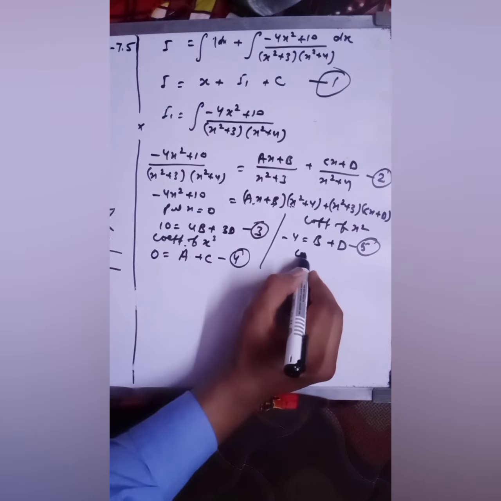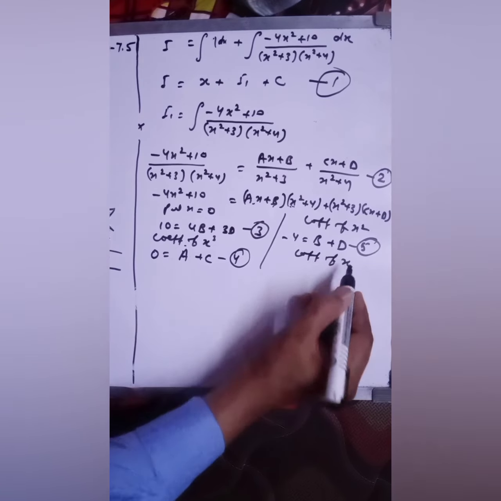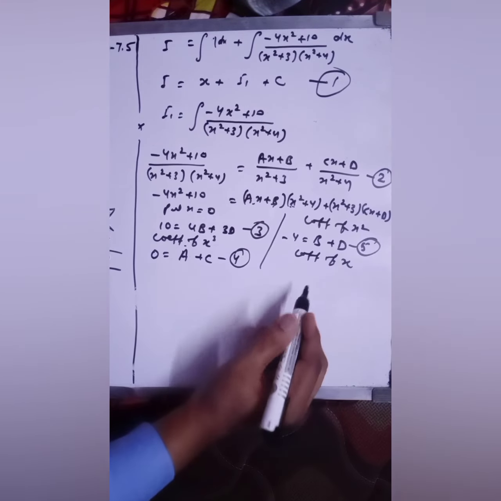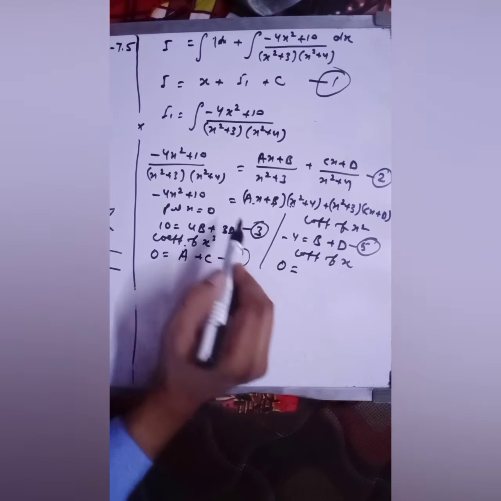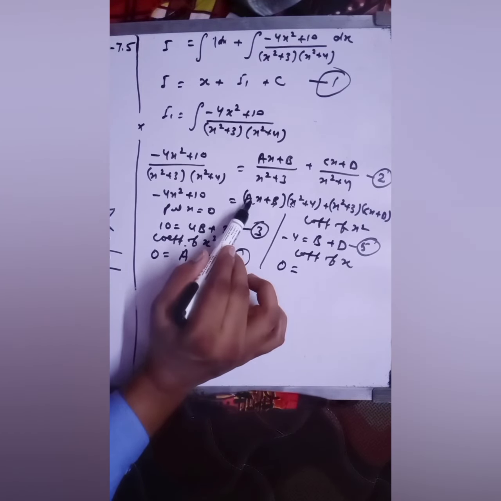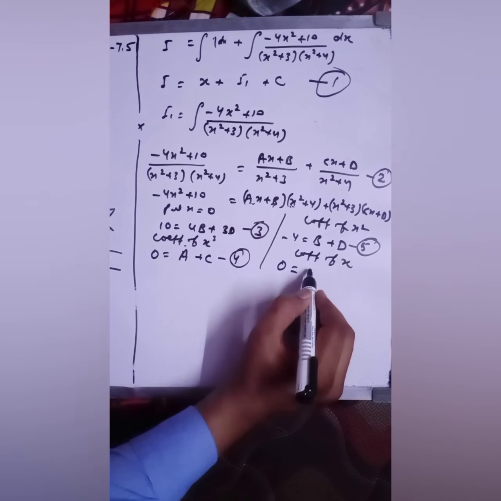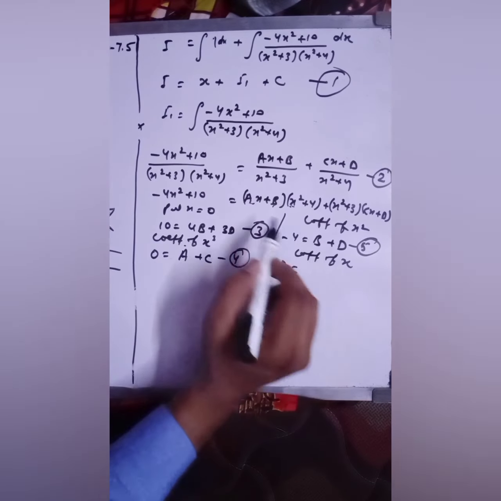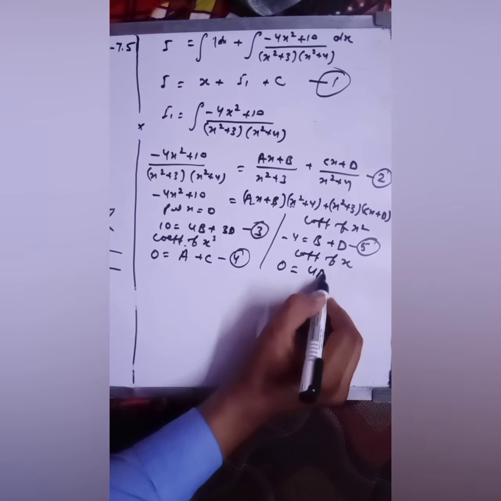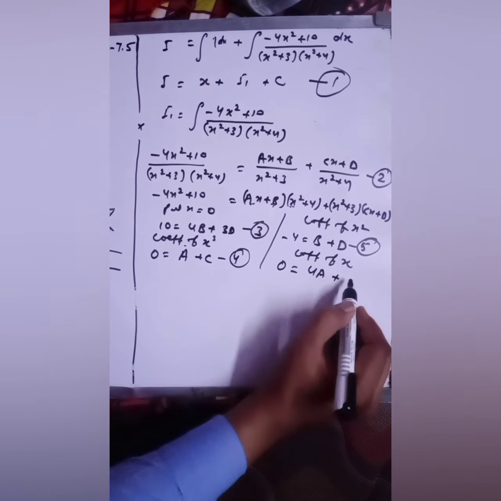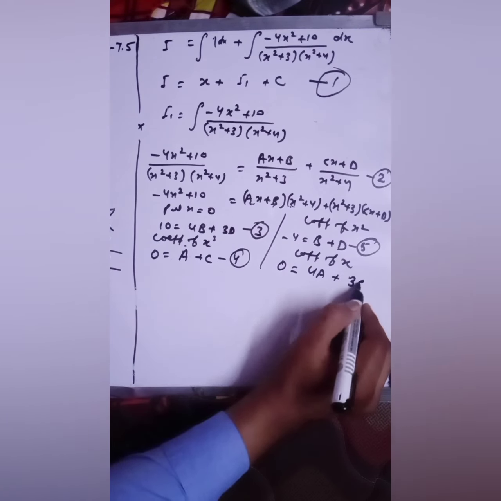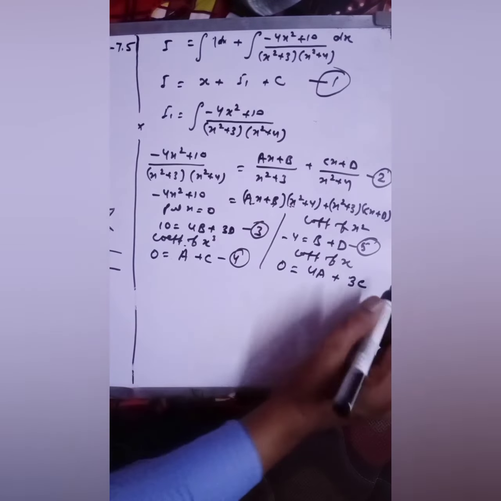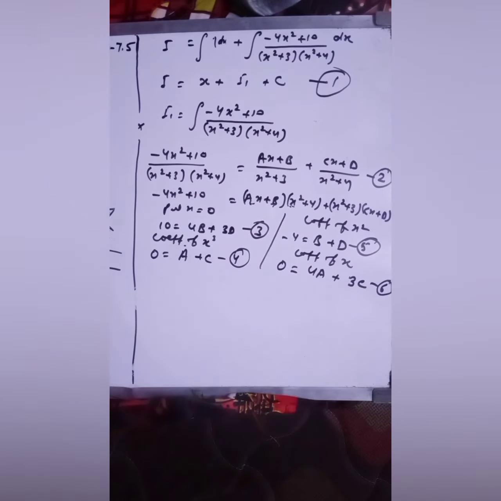Now we are comparing the coefficient of x. On the left there is no x term, so you will take 0, and on the right there is only one term, that is a, and you will get 4a plus 3c. This is equation number 6.